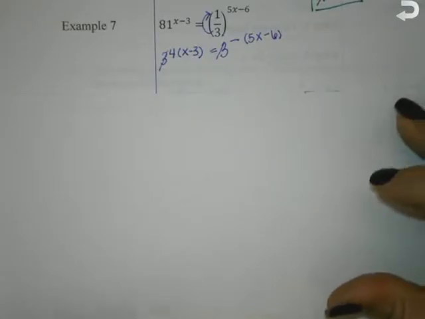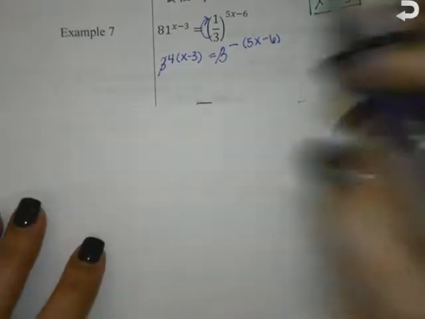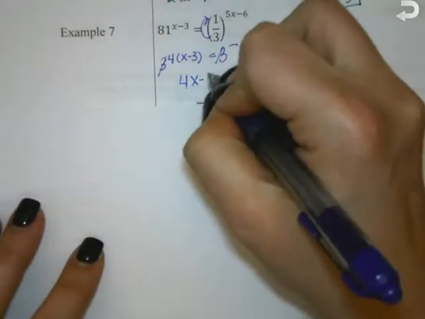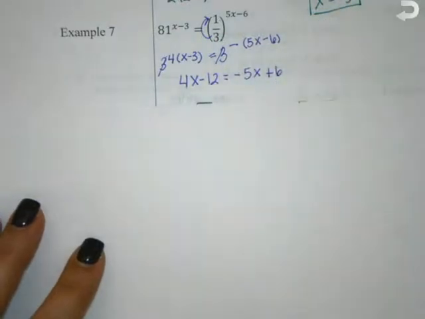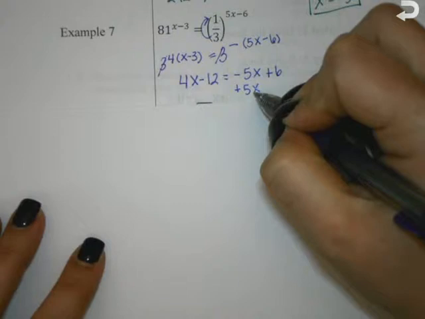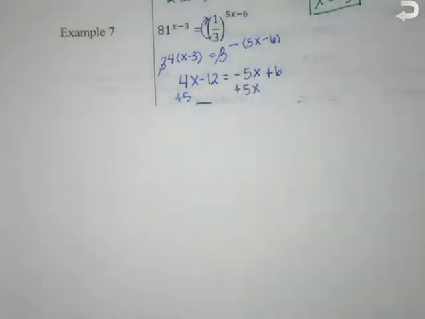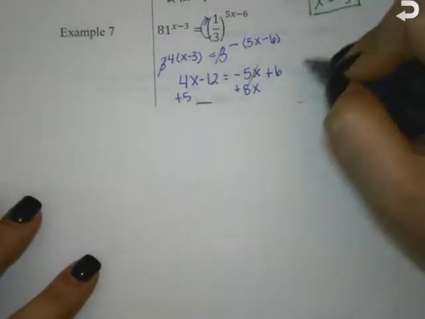Are you guys okay if I distribute in the same step? Okay, so that's going to be 4x minus 12 equals negative 5x plus 6. Add 5x to both sides. Is this getting harder than this? So that's going to give me 9x minus 12 equals 6.